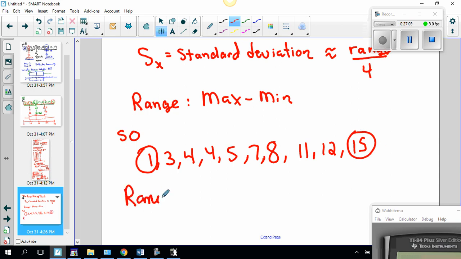Therefore, the range, 15 minus 1, which is 14.